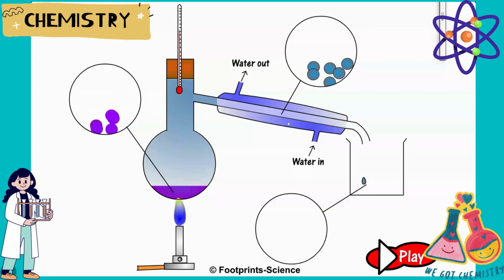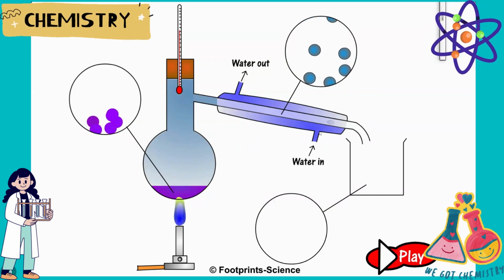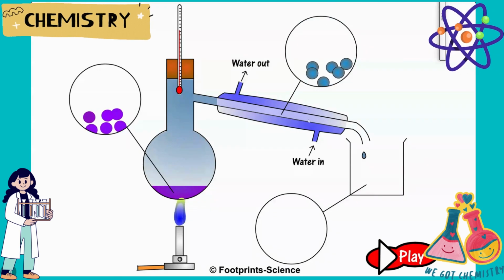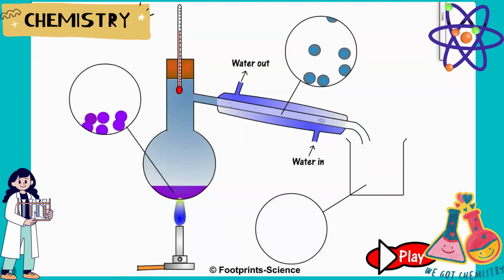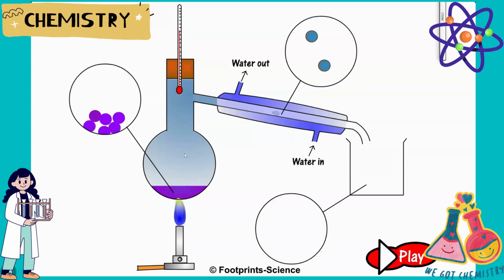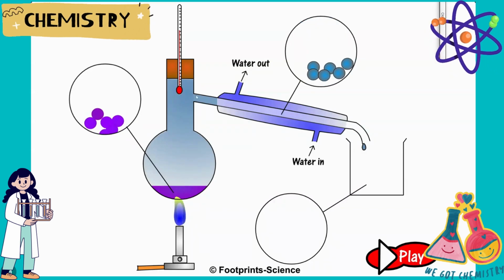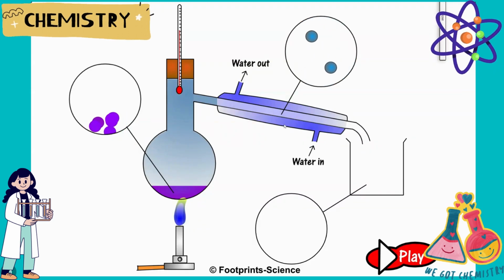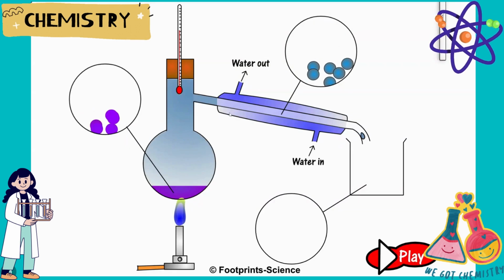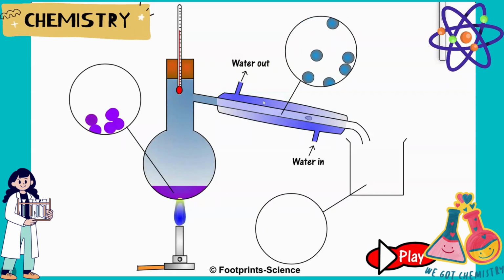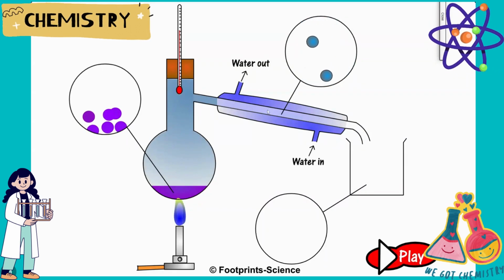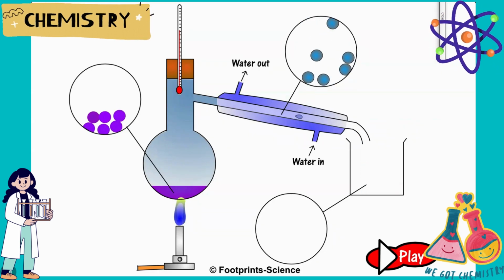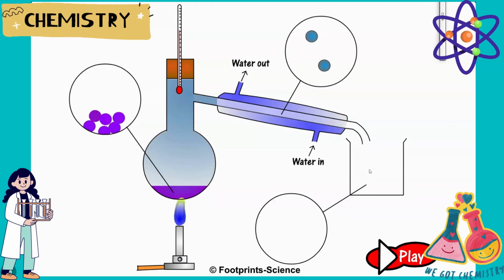This water going inside from outside will not be mixed with the things that are passing through here. The water vapor that we get when we heat water here will enter the condenser, where cold water from outside circulates. When you cool down a gas, which aggregation state do you get? When you cool down the gas, you get liquid.